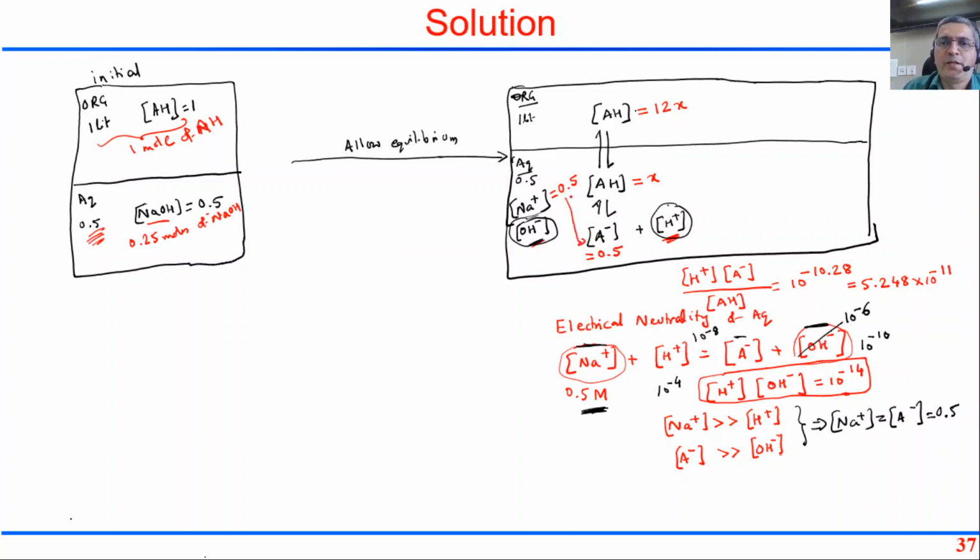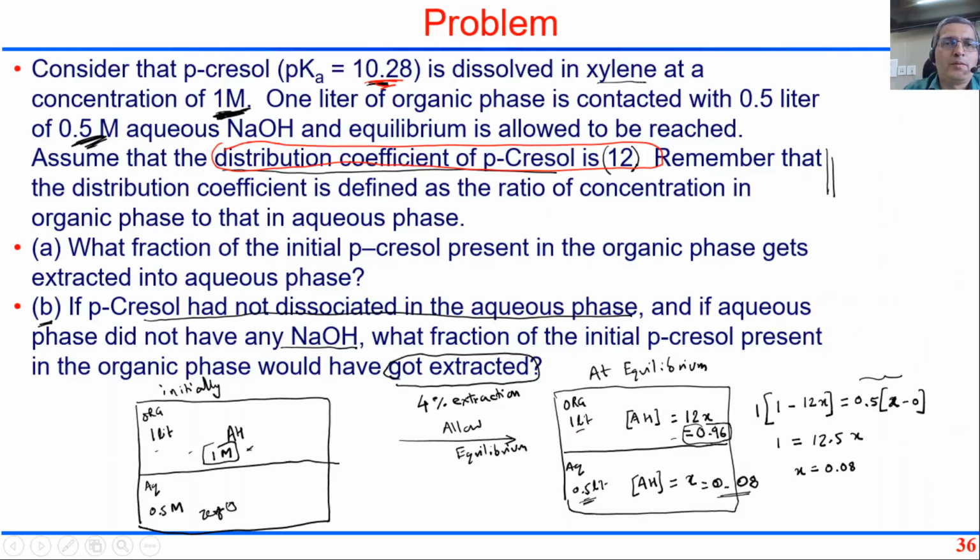As if in the aqueous phase I have sodium salt of the paracresol, Na plus and A minus. Paracresol, remember what is paracresol? It is OH and CH3.